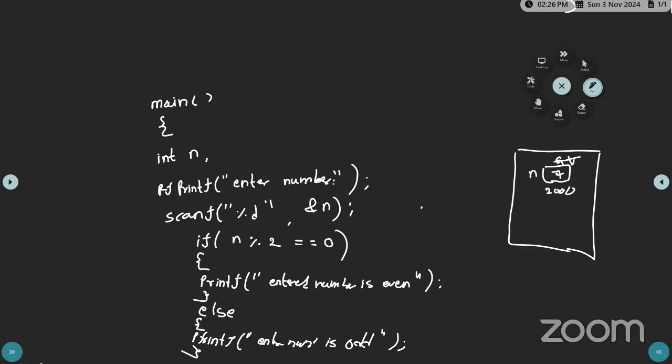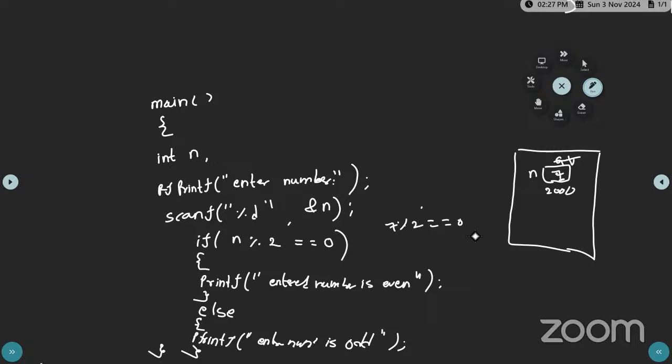So you can close the main also. Main we have opened, right? Main function. Then you can close the main function. So that means if the user entered 7, now see the flow. 7 is entered. Now 7 % 2 == 0, is that true?